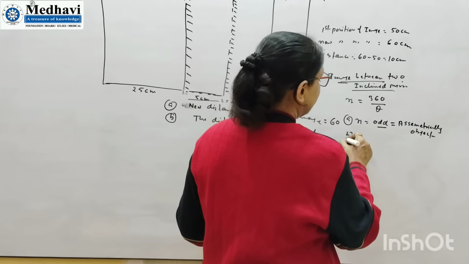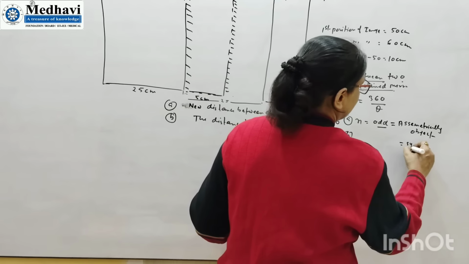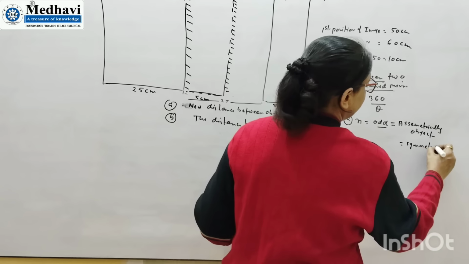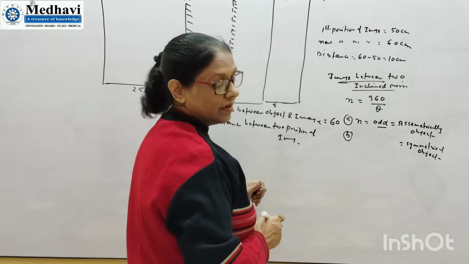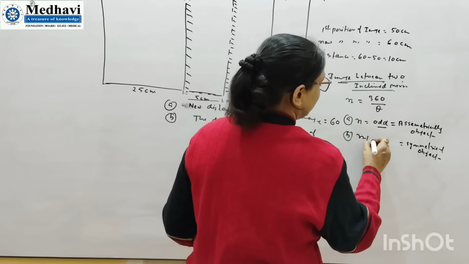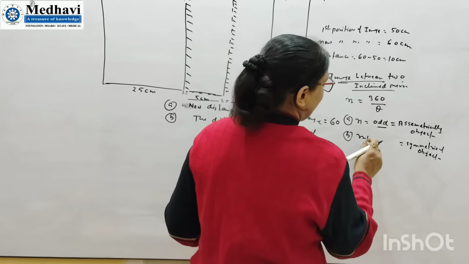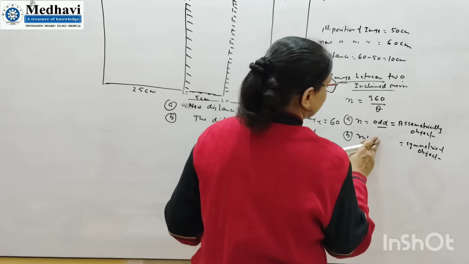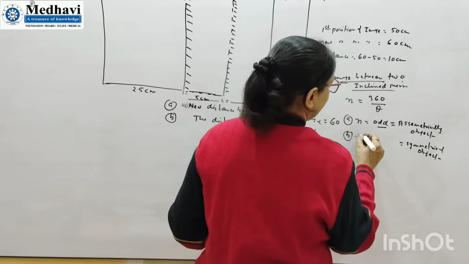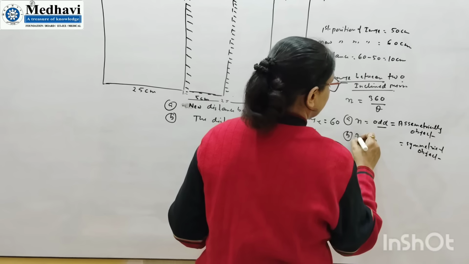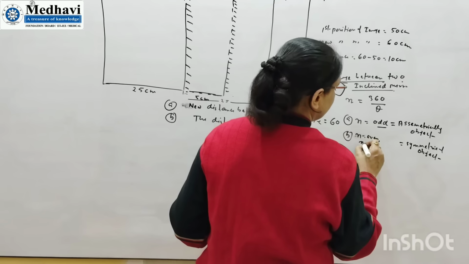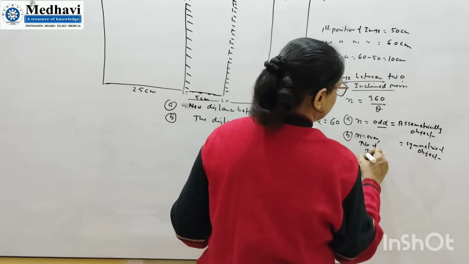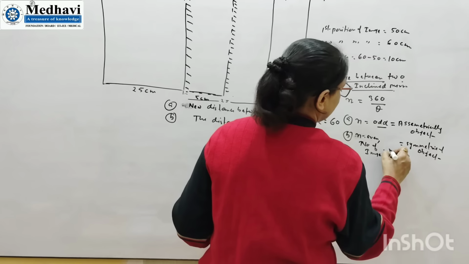For a symmetrical object, if n is even, mind it, then the number of images will be n minus 1.